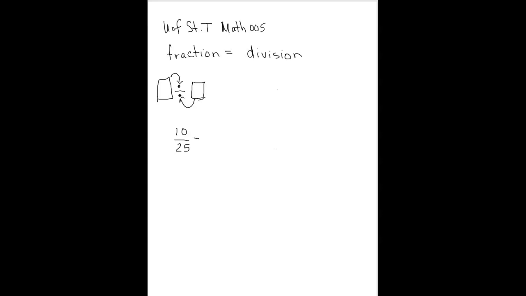So I'm going to say 10 divided by 5 is going to give me 2. And what I do to one part, I have to do to the other, otherwise it stops being equal. So 25 divided by 5 is going to give me a 5, because 5 times 5 is 25.